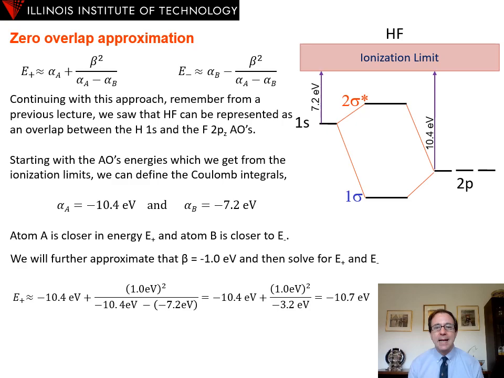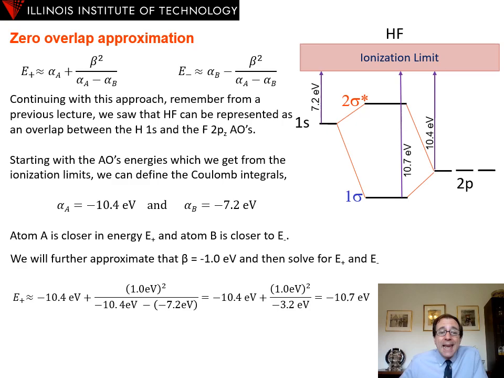That gets added to the minus 10.4, and the overall energy of the bonding orbital is then minus 10.7 electron volts when we round it off to our tenths place. So that is how we calculated the energy of the bonding orbital from the previous lecture.